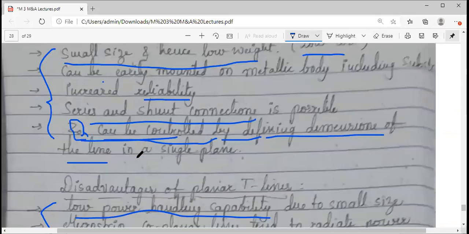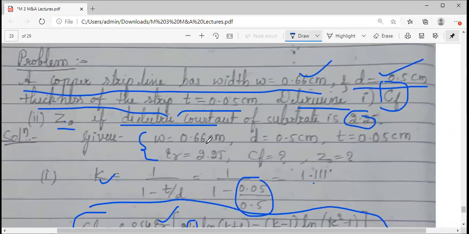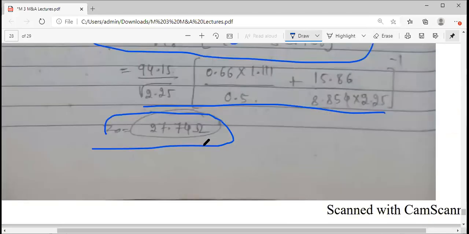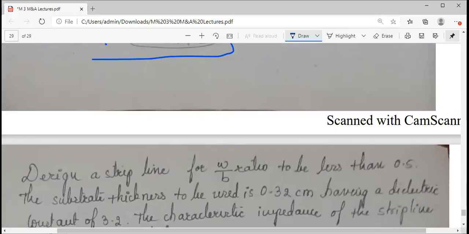Suppose you have a negligible thickness, zero thickness in the sense of negligibly small. In that case, your Z naught equation will be changed. That probably is not listed in your textbook, Samuel.